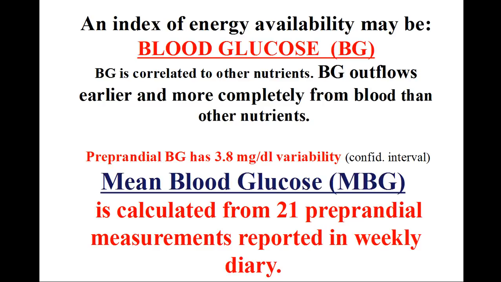Fasting Bg is poorly reliable, but preprandial Bg has 3.8 mg/dl variability in the same subjects, confidence interval. Mean blood glucose, MBG, is calculated from 21 preprandial measurements, reported in a weekly diary. MBG is quite consistent. After 5 months, MBG shows a confidence interval of 5.0.